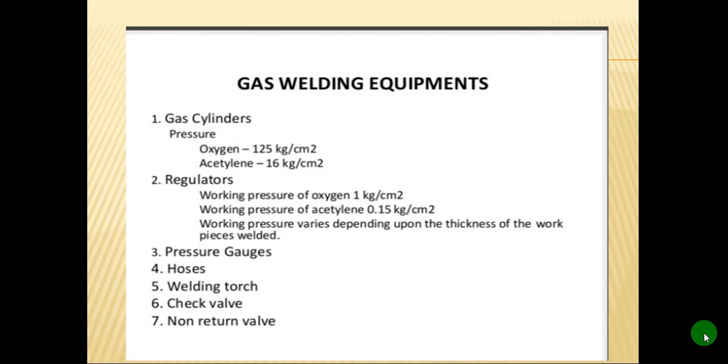Regulators, working pressure of oxygen 1 kilogram per centimeter square, working pressure of acetylene 0.15 kilogram per centimeter square. Working pressure varies depending upon the thickness of the work pieces welded. Pressure gauges, hoses, welding torch, check valve, non-return valve.